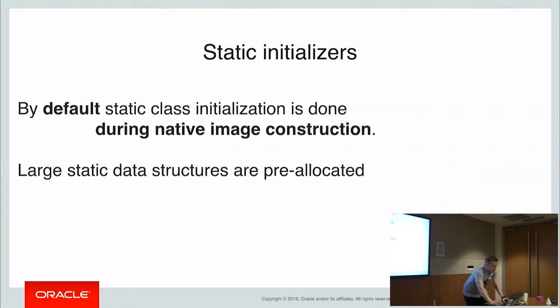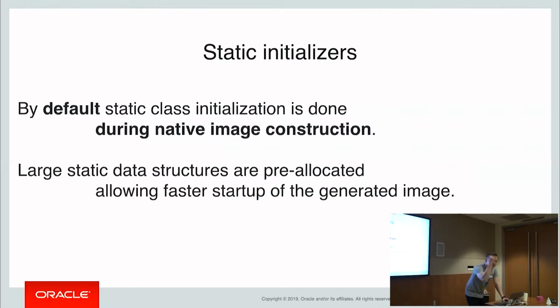But the thing is that it was a conscious trade-off for the static initializers to allow faster startup by executing some code ahead of time in the generation phase. What it also allows us to do is to pre-initialize some data structures and write out the actual objects that will be initialized into the final image, right, to this runtime bit.